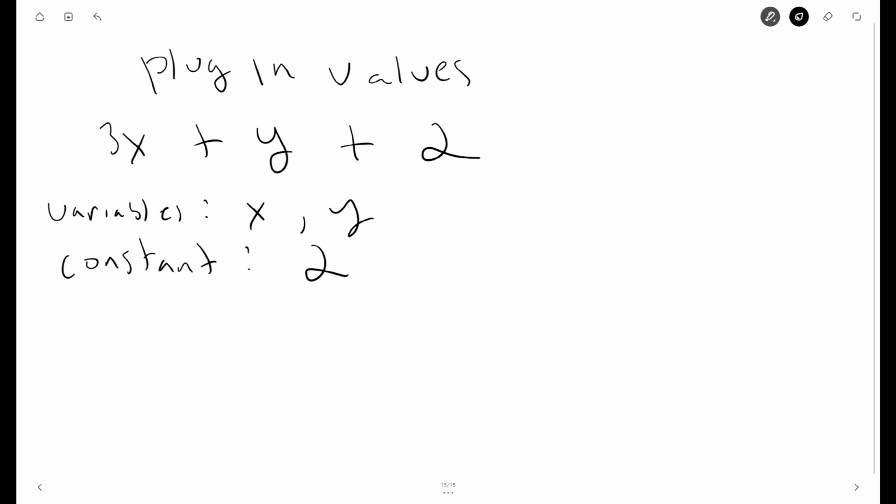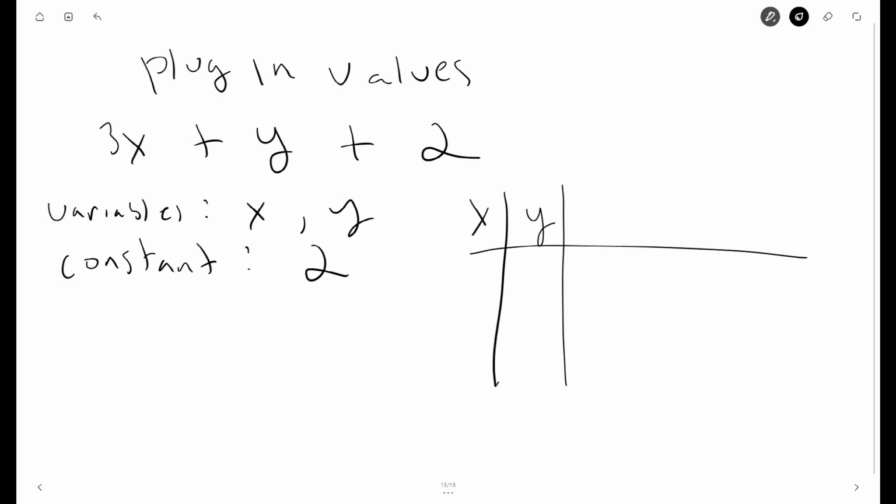Let's create a little table. Variables x, y, and what we're outputting is 3x plus y plus 2. Let's do 0 0, 1 1, and -1 -1.